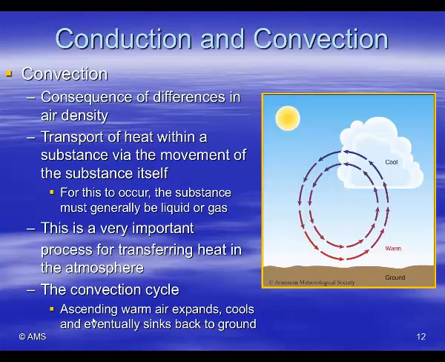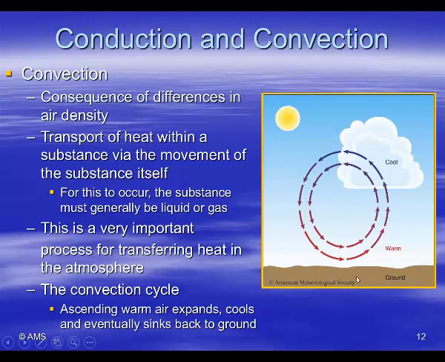Convection is a process where we heat the fluid and then the fluid moves. It's a consequence of the differences in air density. What happens is the sun comes down and through radiation it heats the earth.